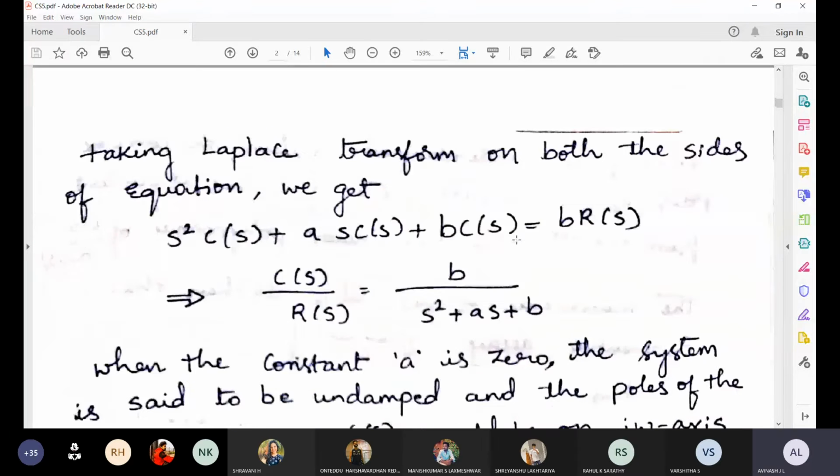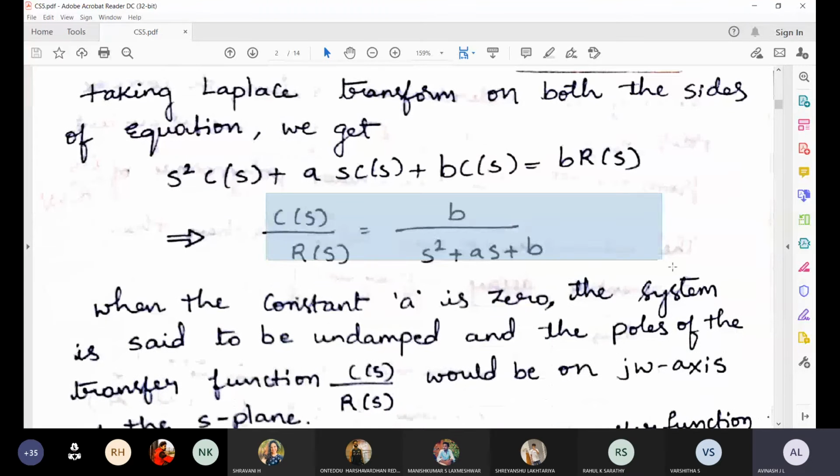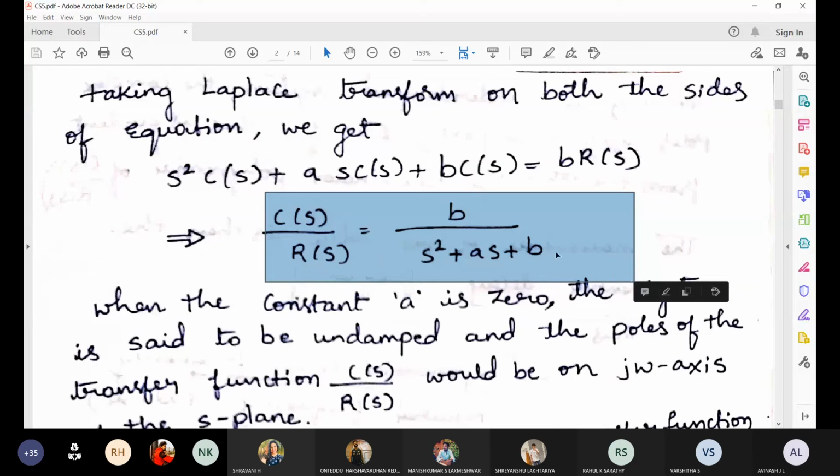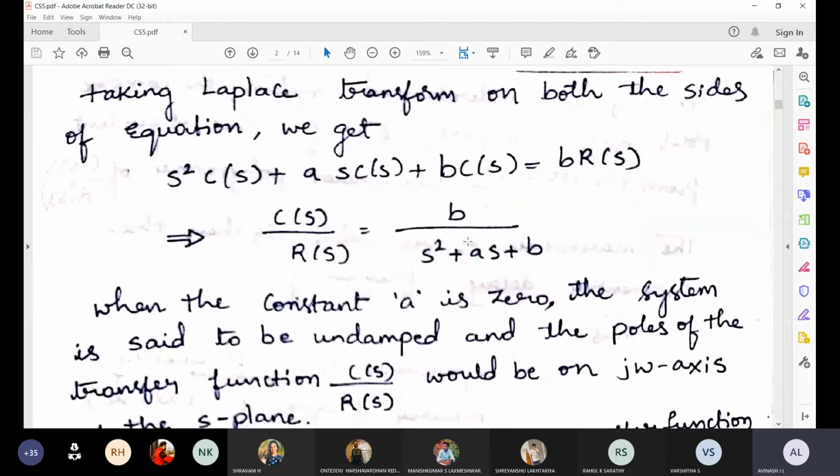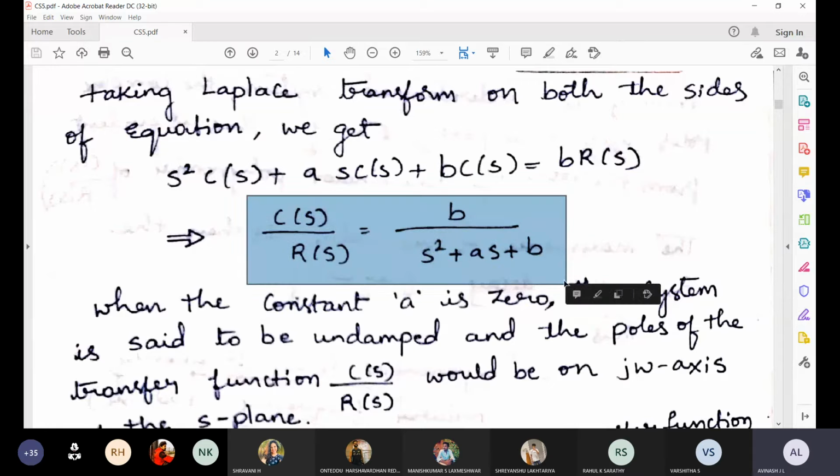For this particular equation, we have found the b value: omega n square. But we need to find the a value, because a and b are constants. We need to find the constant values in order to form the complete equation. This is the second order equation, I agree, but do we know the values of b and a?